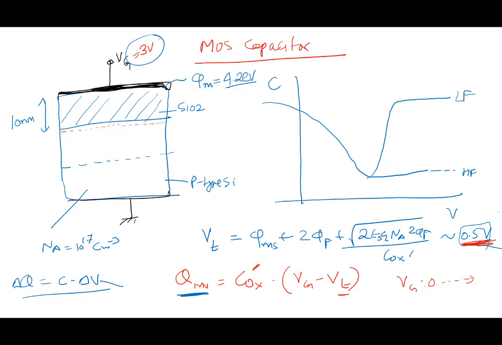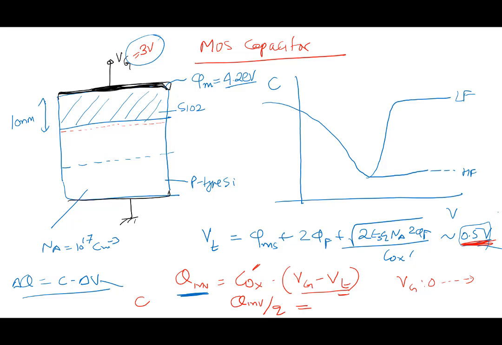So now if I take Q inversion and I divide by q, what will it give me? A number. Note that capacitance is per unit area multiplied by voltage.